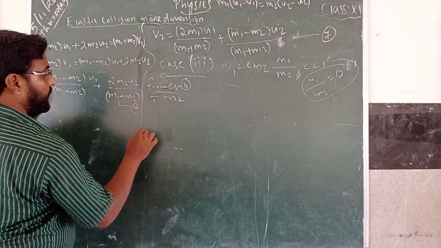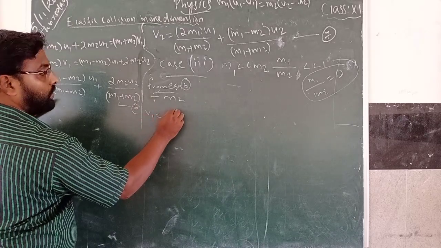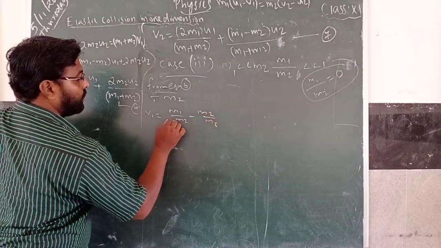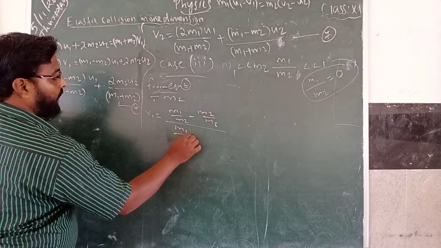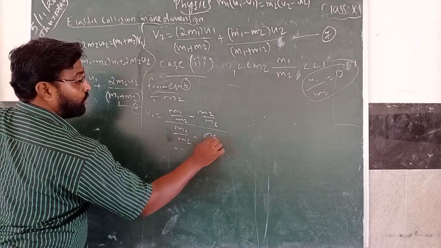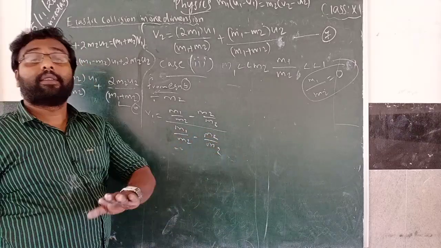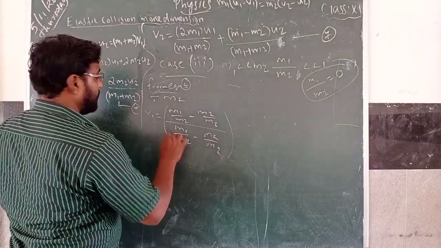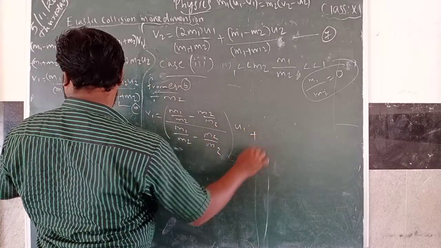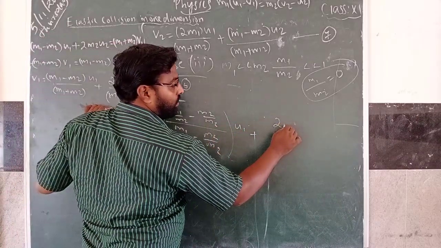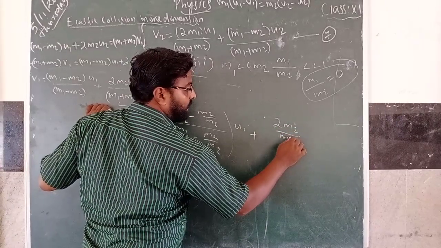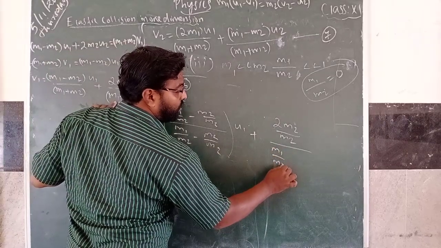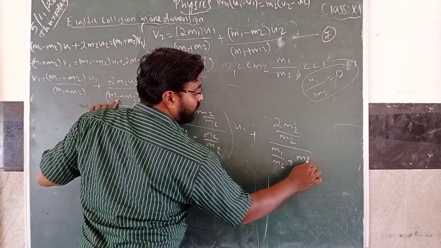So here this equation becomes V1 is equal to M1 by M2 minus M2 by M2, divided by M1 by M2 plus M2 by M2. Just divide M2 into all the terms, numerator, denominator, everywhere. So U1 plus 2 M2 divided by M2, the whole divided by M1 by M2 plus M2 by M2.